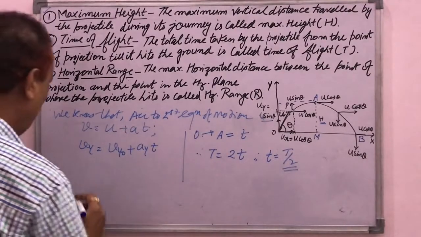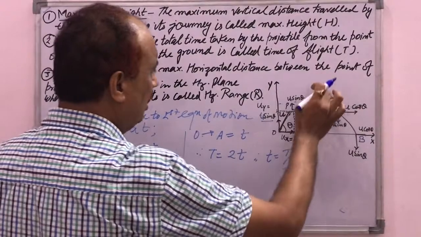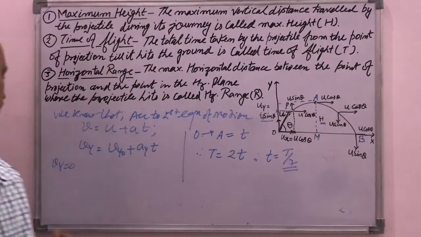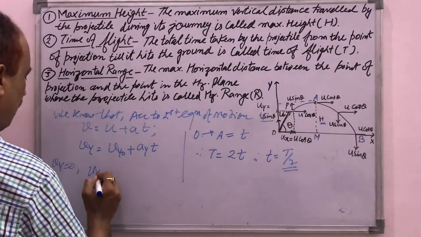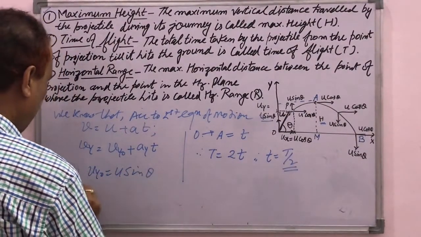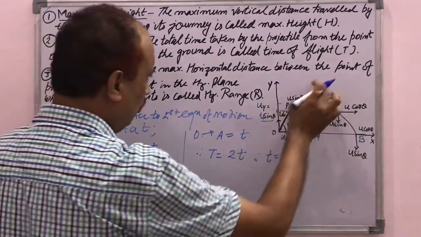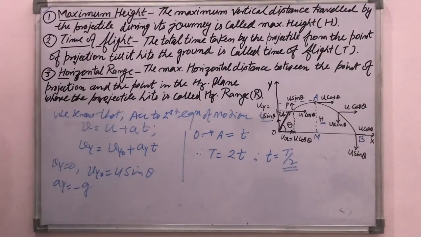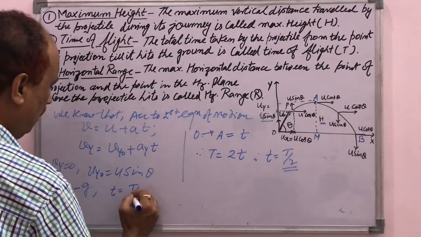Now we have to put Vy equal to 0. When the body reaches from O to A, the Vy component is 0, and the initial component Vy0 is equal to u sin theta, and the Ay component is equal to minus g, because from O to A the acceleration due to gravity is acting, that is minus g, and for the time small t we have to put capital T by 2.